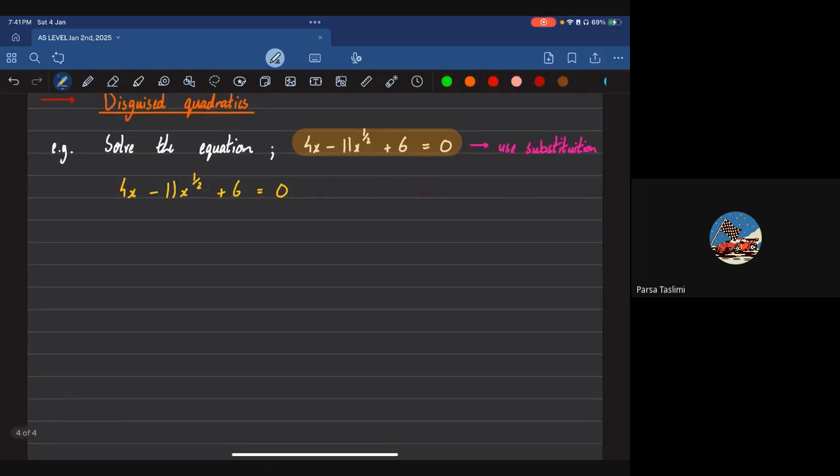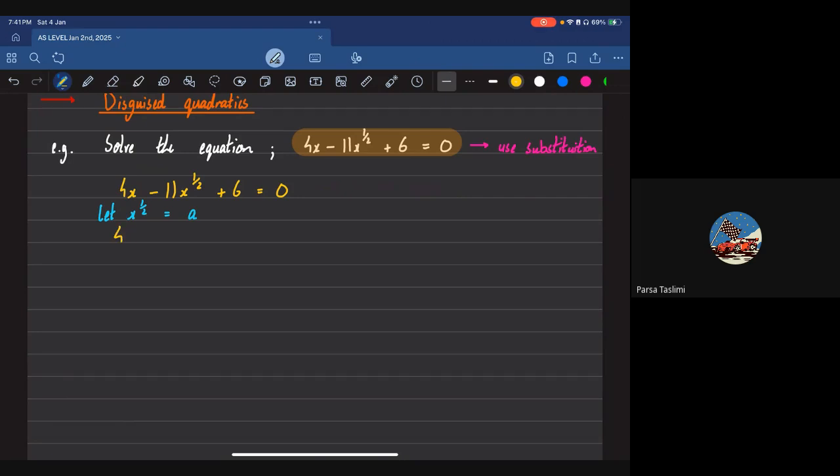Let x raised to the power 1 over 2 equal a, for example. Considering this, now you have to replace it.